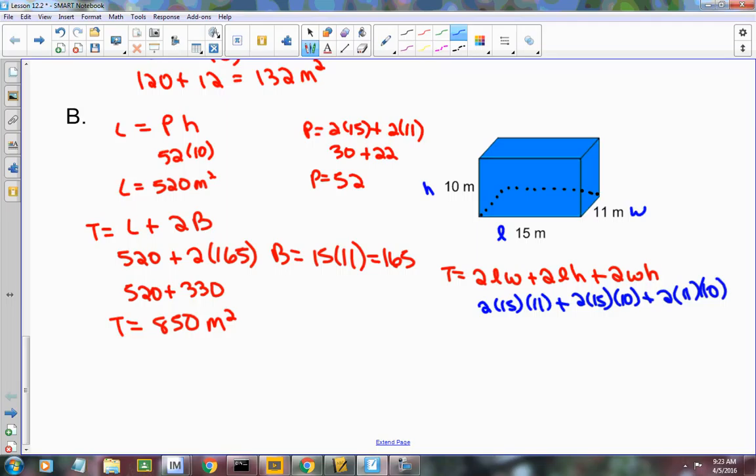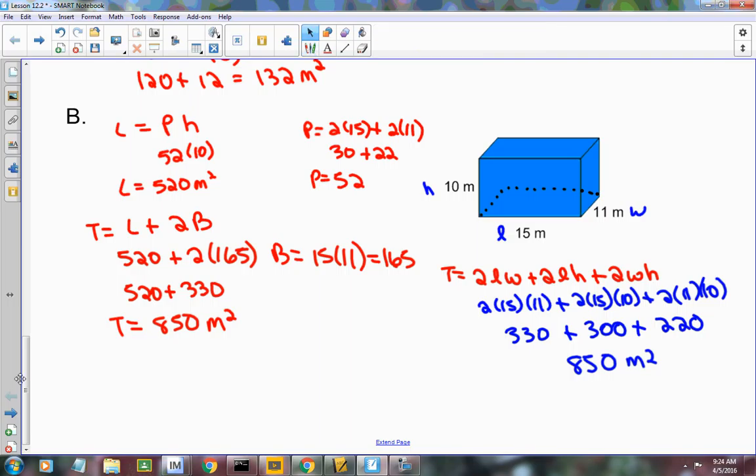And so that would be 30 times 11, which is 330, plus 15 times 10, 150 times 2 is 300, and then 20 times 11, which is 220. Add those together, and you get 850. So there's another formula. That only works for the rectangular prism. Okay, and it's on the formula sheet, and I think that's what they give you on the EOI. Either formula works, okay, so whatever you're more comfortable with.